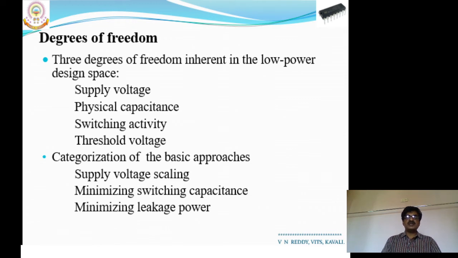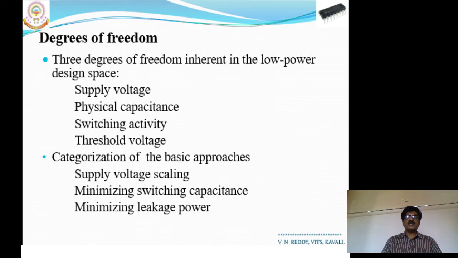Whereas in the approach of reducing the switching capacitance, generally the technique is implementing hardware-software co-design.